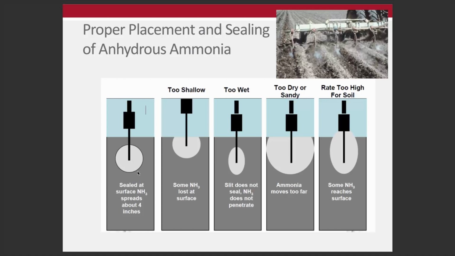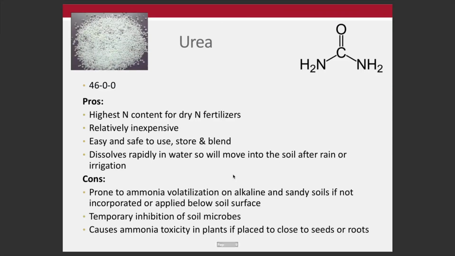So this is the ideal scenario. If we want it to seal, we want that applicator to get knifed in and apply, and then we've got this banded nitrogen form. Too shallow or too wet, you get problems. That's demonstrated here in these pictures.